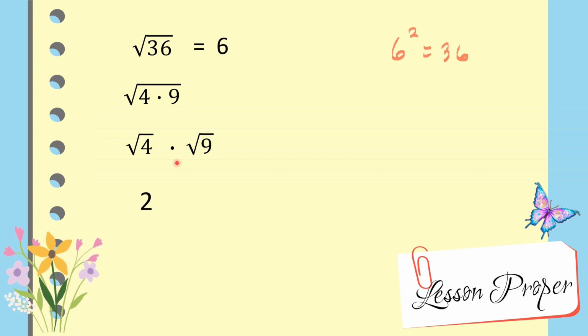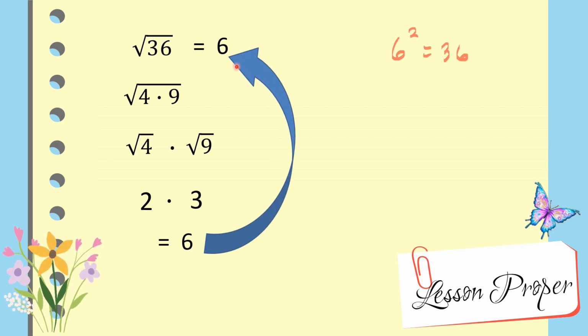The square root of 4 is equal to 2, times the square root of 9, that is 3. So 2 times 3 is equal to 6. So the square root of 36 can also be written as the square root of 4 times 9, because the result will give the same answer.